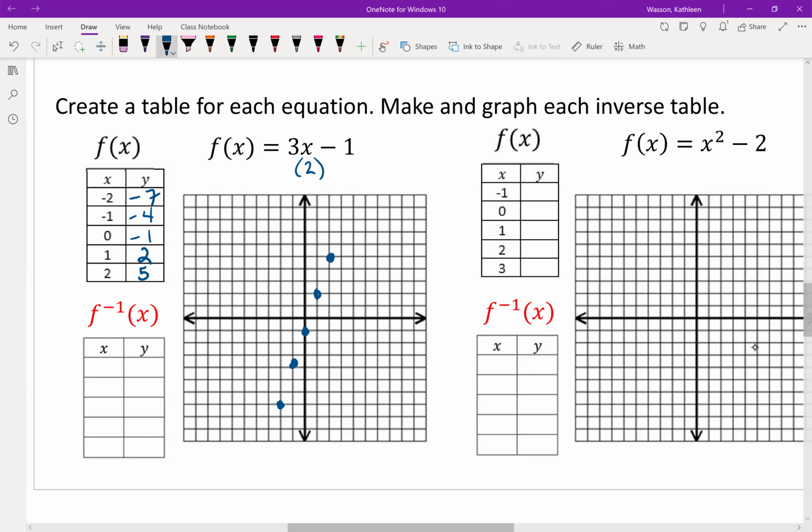So this is a line. It crosses the y-axis where y is -1, and the slope is 3. When I write the inverse of this table, I have the points -7, -2. Also -4, -1.